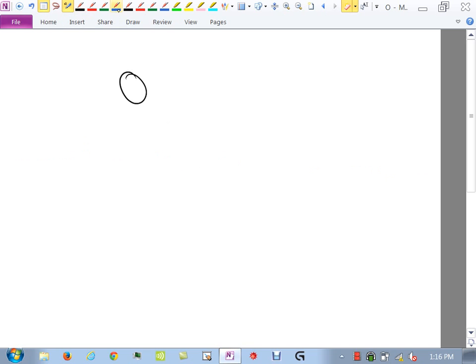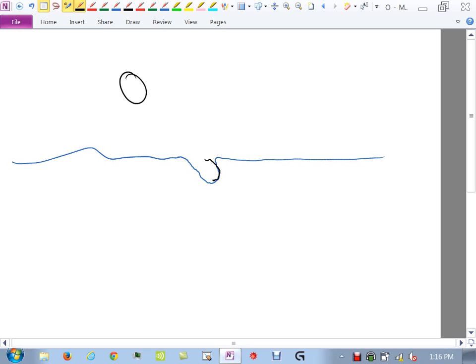I'm going to have to redraw my whole line. This is my water. So now the rock is here, right? It's physically moved the water out of the way. And then as it moves, a couple of seconds later, it's now something like this. Now what's happening behind it?